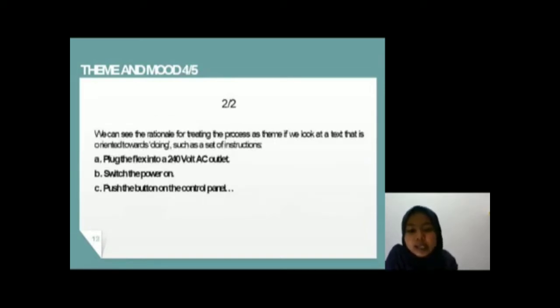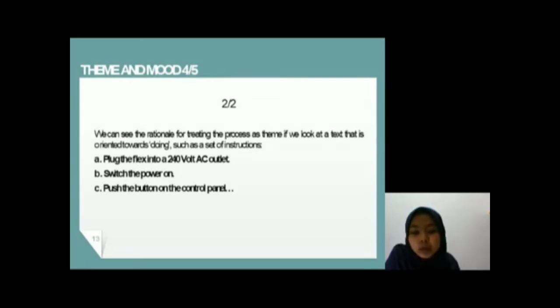And then we can see the rationale for treating the process as a theme if we look at a text that is oriented towards doing, such as a set of instructions. The first, plug the flag into a 240-volt AC outlet.